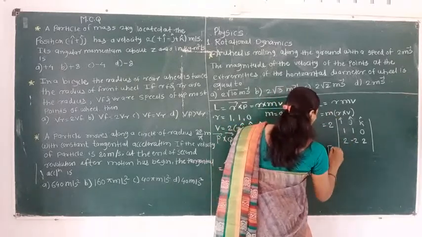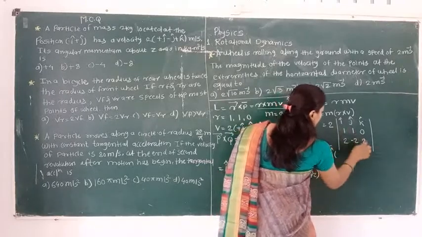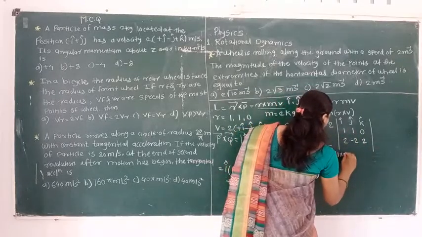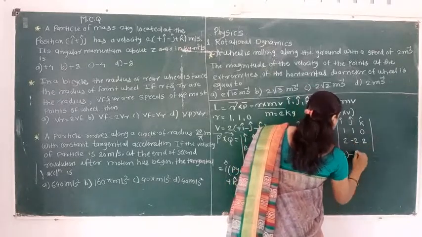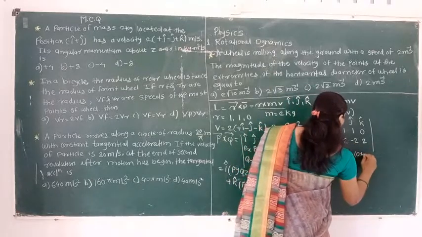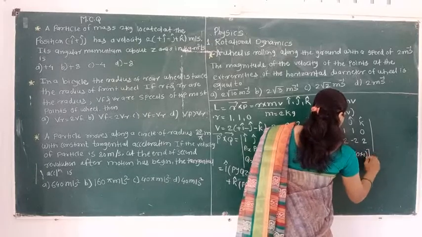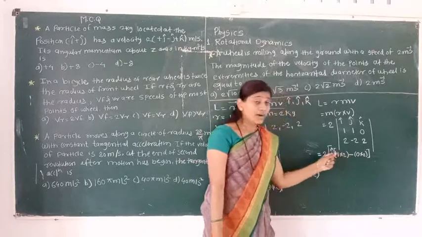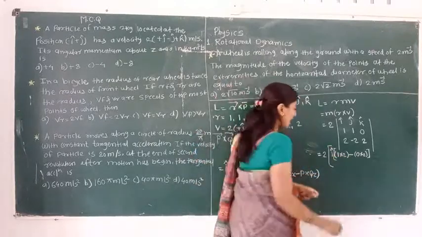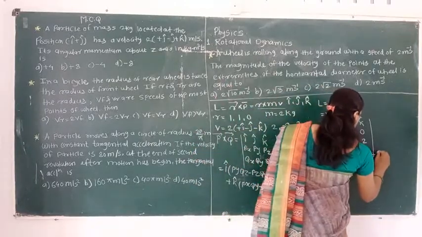First, i bar remains as it is, multiplied by the product of 1 into 2 in the first bracket, minus 0 into -2. This is the first bracket, and this whole is multiplied by i bar. Here plus j bar.